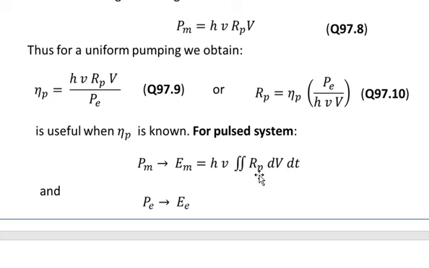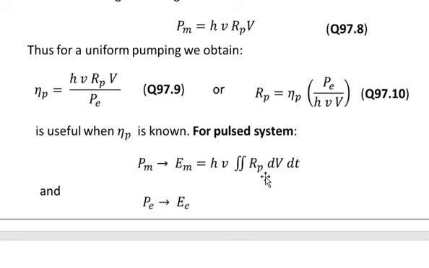So we need to solve this integral if we know the value of these, because we now have to calculate the total energy, not the power, and then of course the electrical power will also be converted into the electrical energy, which is given by EE. So for the pulsed systems we shall be talking about EM and EE, and this integral can only be solved when the relevant information is provided.